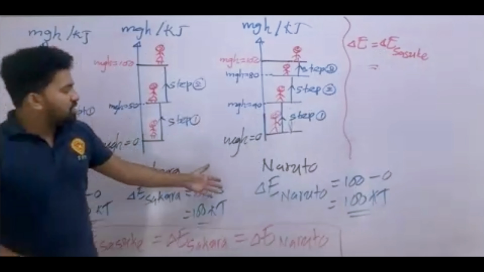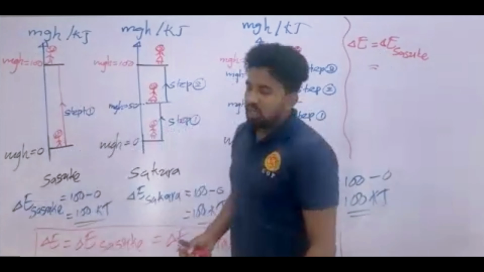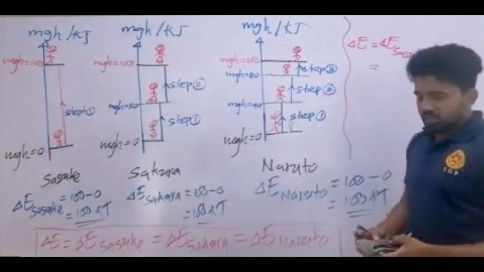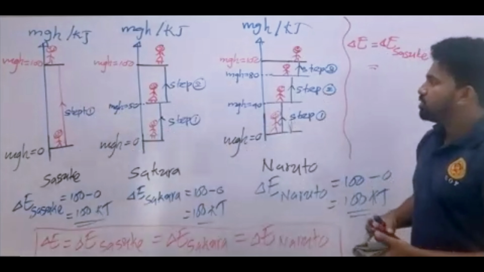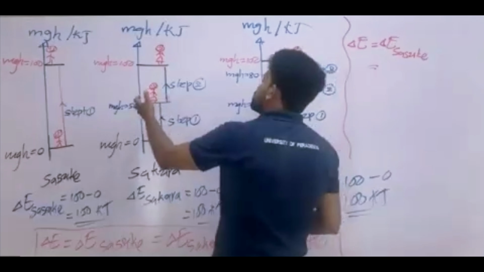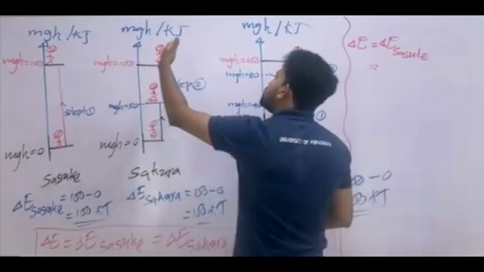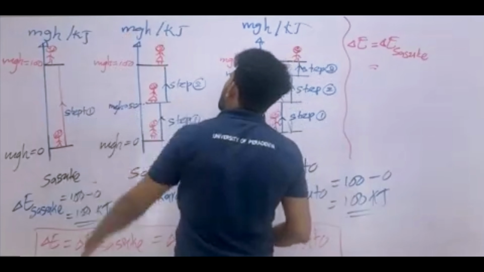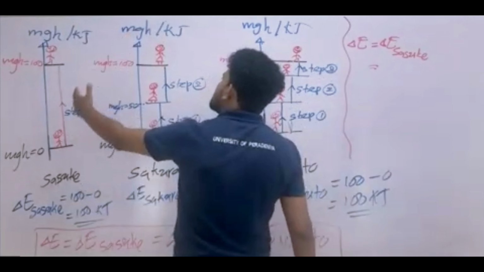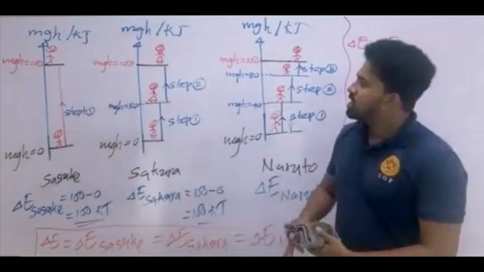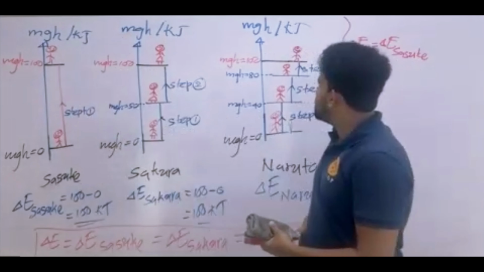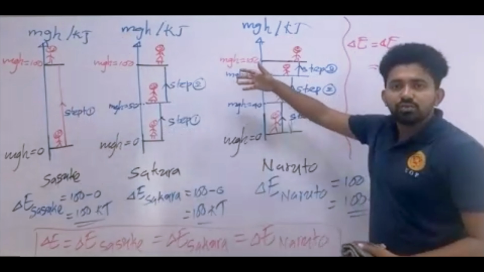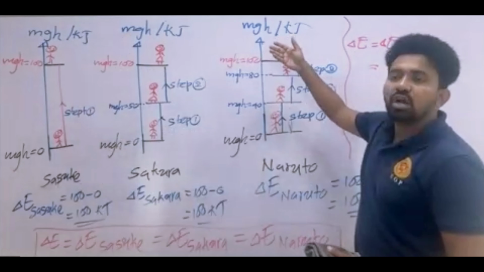The potential energy depends only on the initial state and the final state, not the intermediate states. So the potential energy of the Sakura at the end is 100 kilojoule. Potential energy of the Sasuke at the end is 100 kilojoule, as well as the potential energy of the Naruto at the end, that is 100.